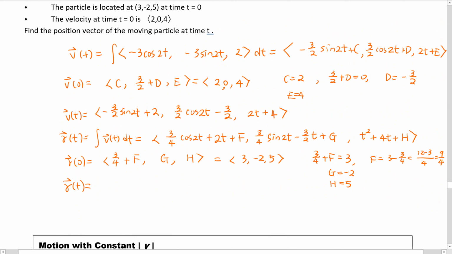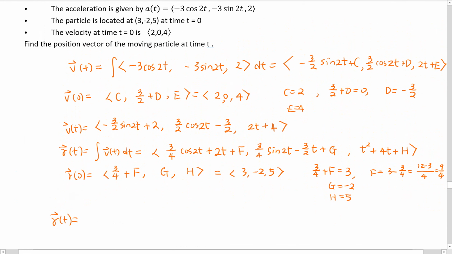So at the end, gamma of t equals, let's copy down everything. We have 3 over 4 cosine 2t plus 2t, f is 9 over 4. And then 3 over 4 sine 2t minus 3 over 2 t plus g, g is negative 2.